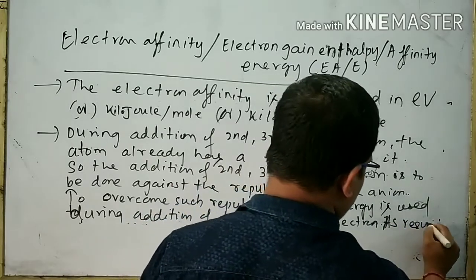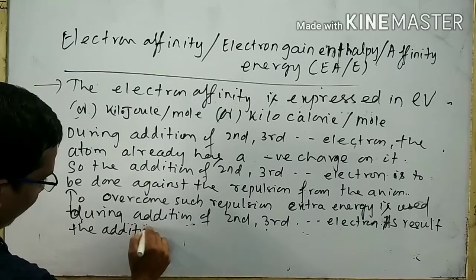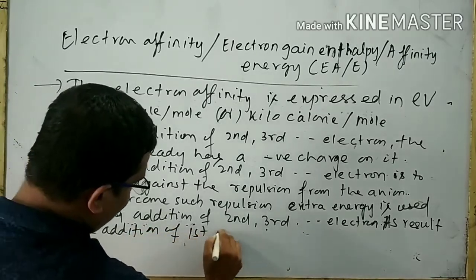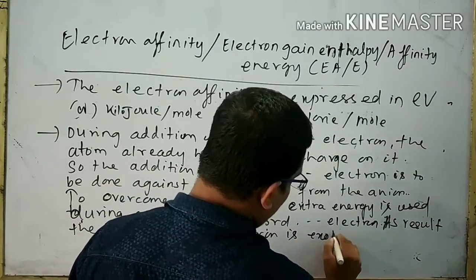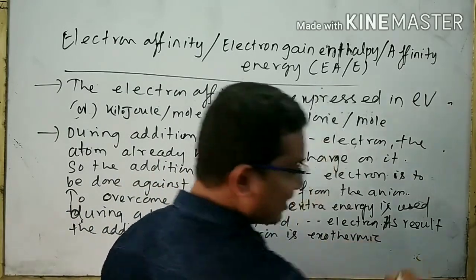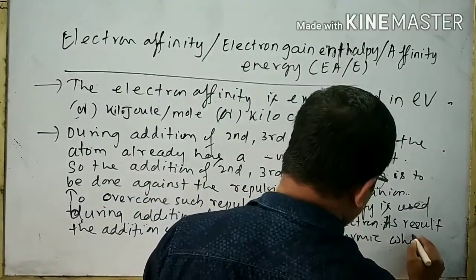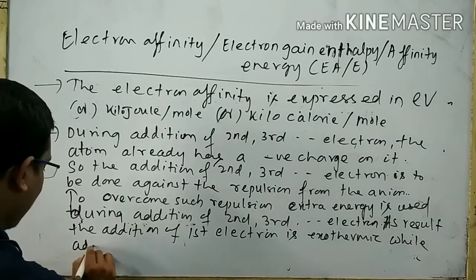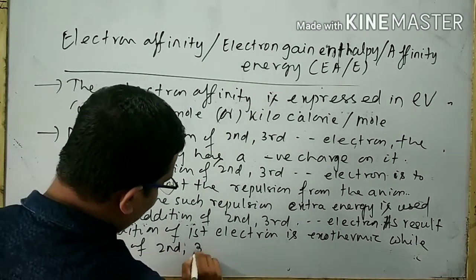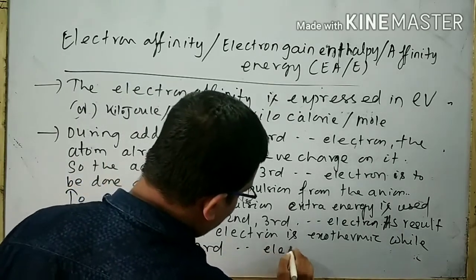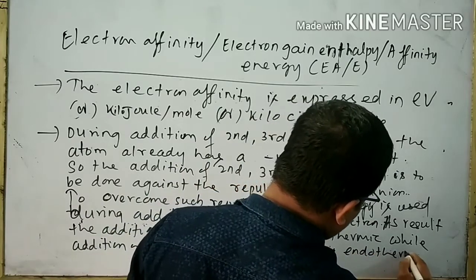As a result, the addition of the first electron is exothermic, meaning there is a release of energy, while the addition of the second, third order electron is endothermic.